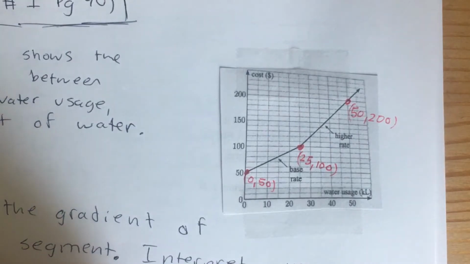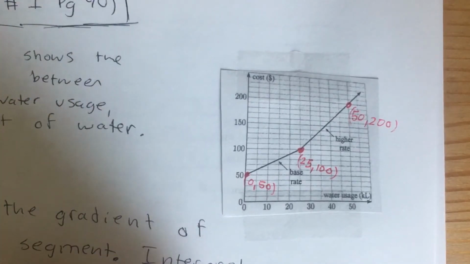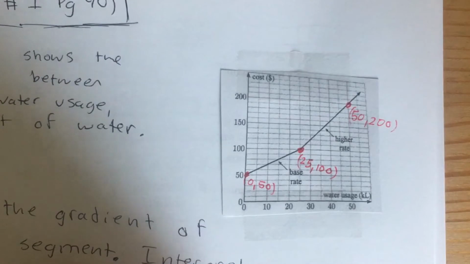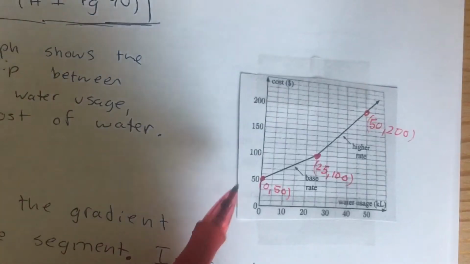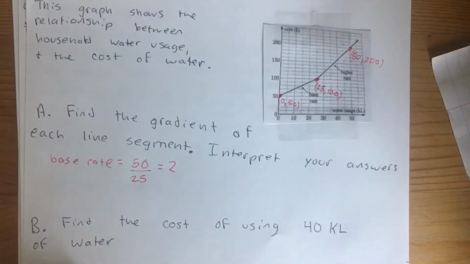So let's see, we go up 25. So the base rate, we'll say we go up 25, or excuse me, I need to look at the y coordinate. So we go up 50 over, let's see, we go from 0 to 25. So that's going to give me a rate of 2 there.